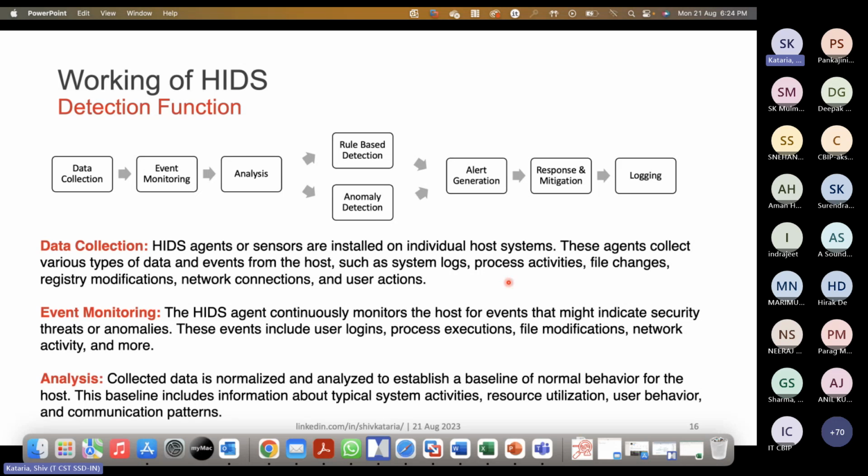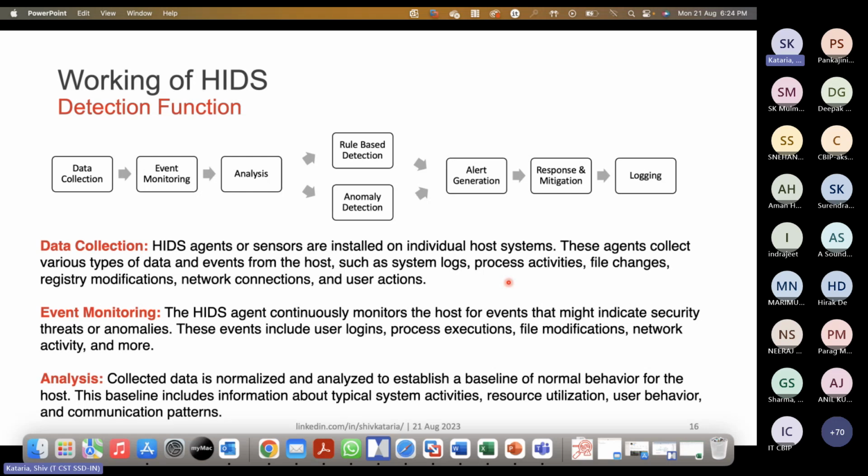They also read the system registries and the types of connections that the particular system has, and based on the baseline that we had set, they take the action of detecting or just passing it through the network. During the event monitoring stage, the agents also continuously read the system events.